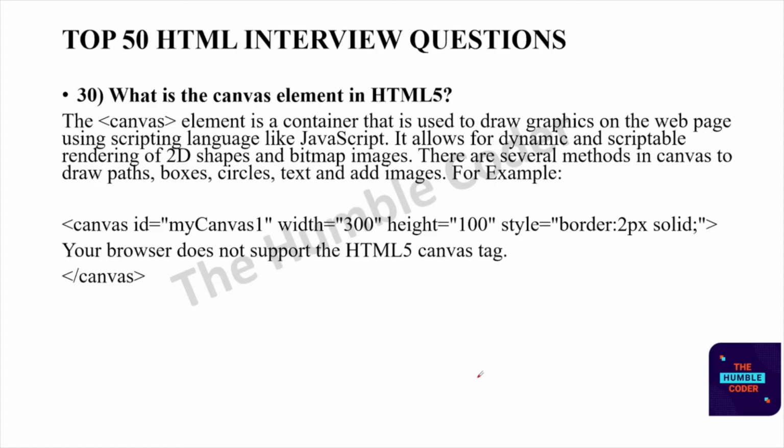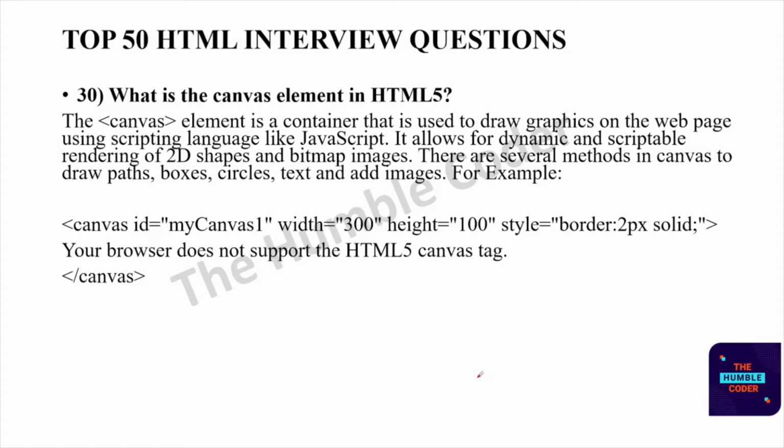What is the canvas element used for in HTML? The canvas element is a container that is used to draw graphics on the web page using a scripting language like JavaScript. It allows for dynamic and scriptable rendering of 2D shapes and bitmap images. There are several methods in canvas to draw paths, boxes, circles, text and add images.